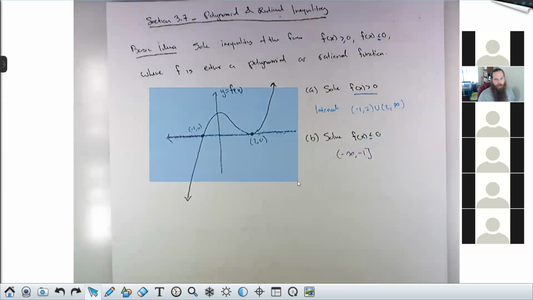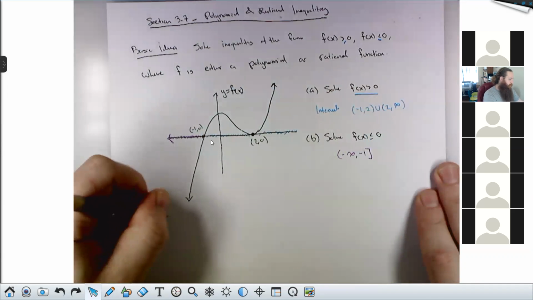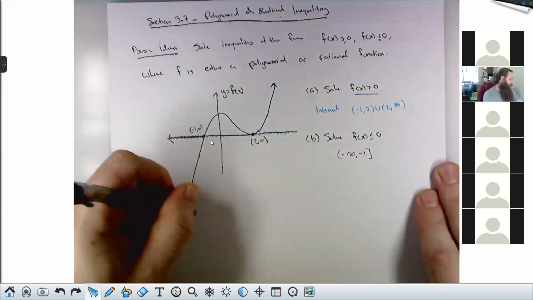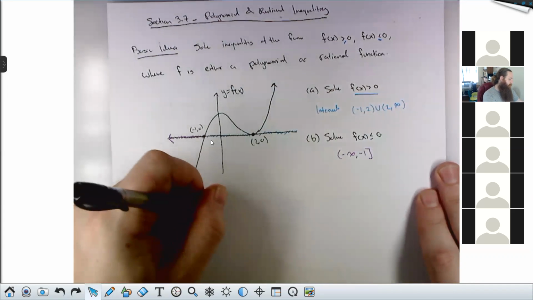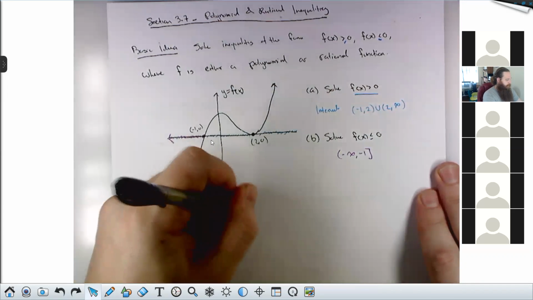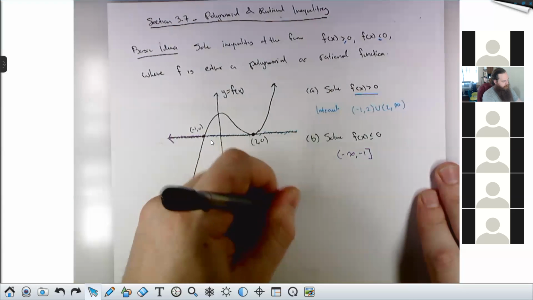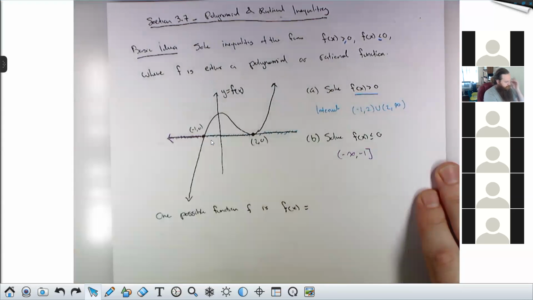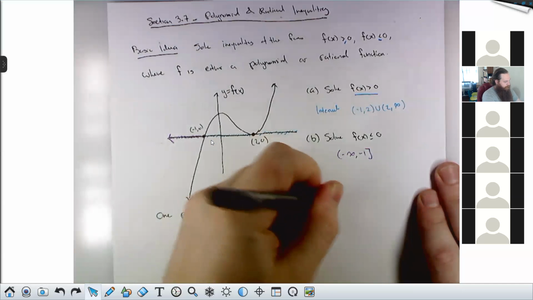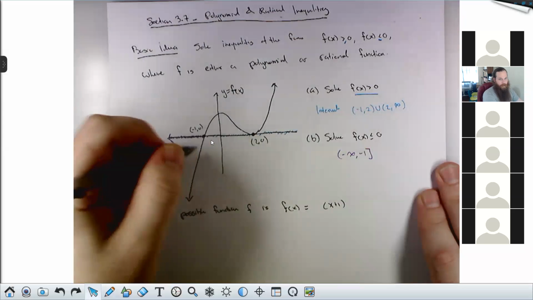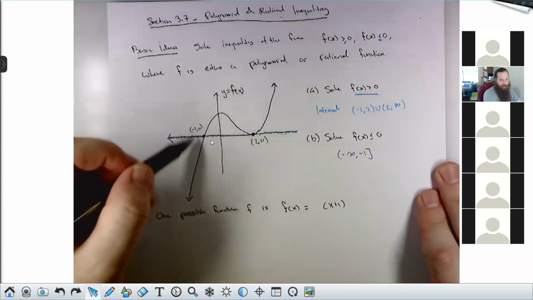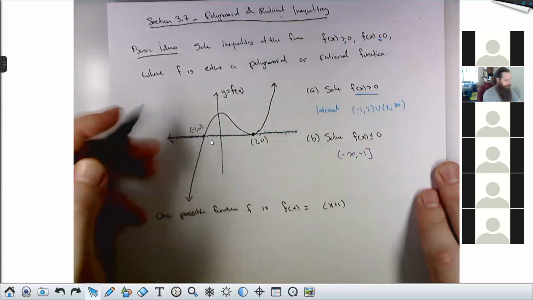If you think about the graph of this function, just based on the intercepts and the local behavior near the graph, you can infer one possible function f. f of x equals, let's see, I'd have a factor of x plus 1 from the root here, and the local behavior looks like it's multiplicity 1.